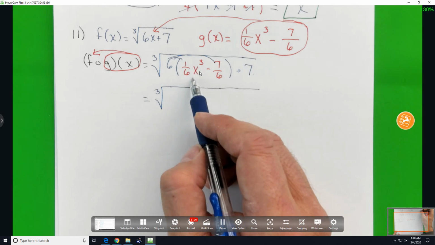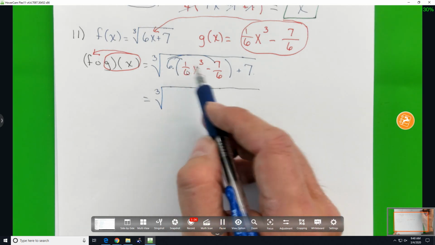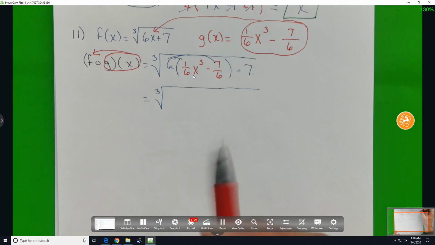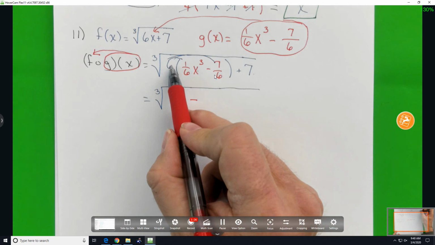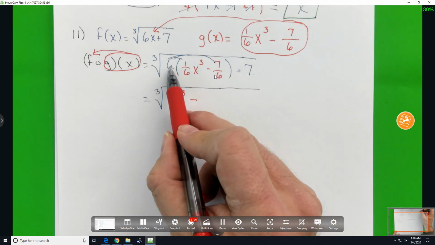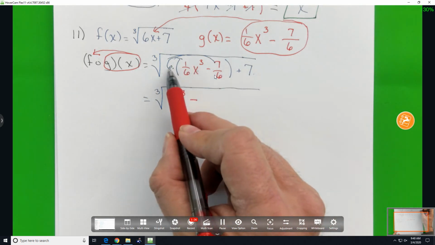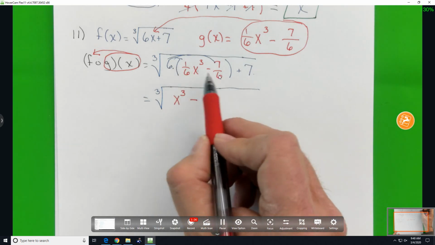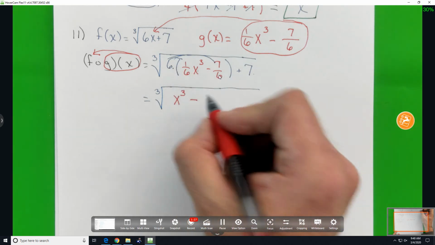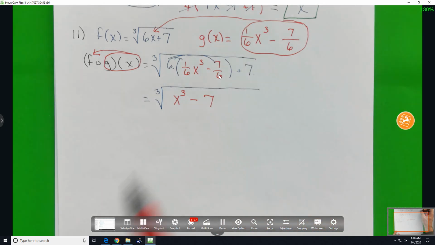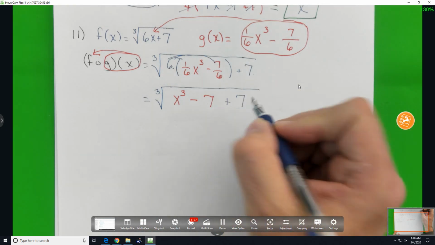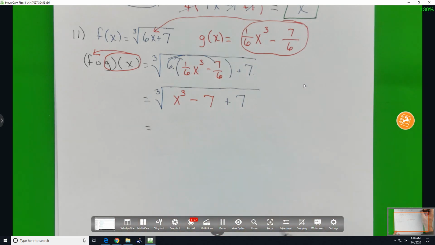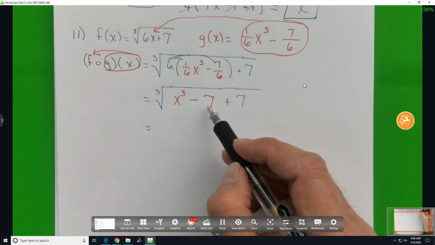The 1 over 6 times 6, so we just have that x to the third. And what are we going to have here? Minus, what about the 6 times 7 over 6? Do the 6s cancel there? Yes. And we still have this blue plus 7 over here. That's going to keep on canceling nicely. The 7s, are they gone?